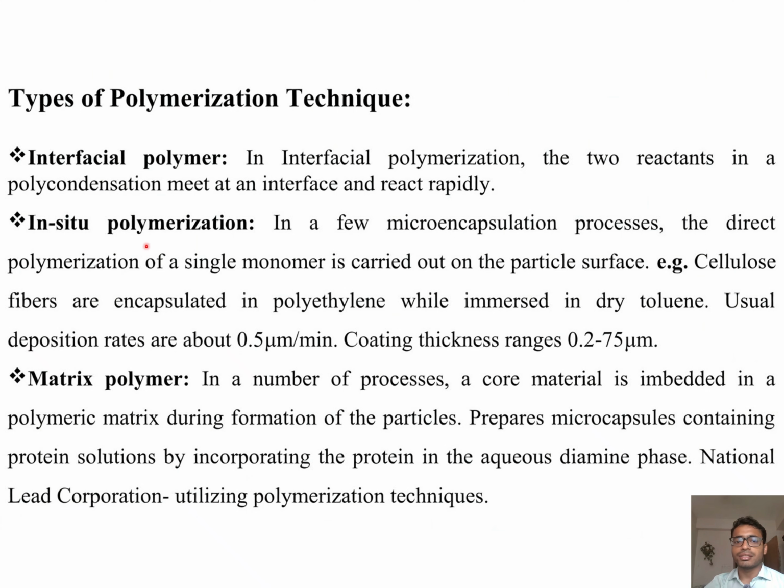Then in situ polymerization: in a few microencapsulation processes, the direct polymerization of a single monomer is carried out on the particle surface. That is, cellulose fibers are encapsulated in polyethylene while immersed in dry toluene. Usual deposition rates are about 0.5 micron per minute. Coating thickness ranges from 0.2 to 75 micron.